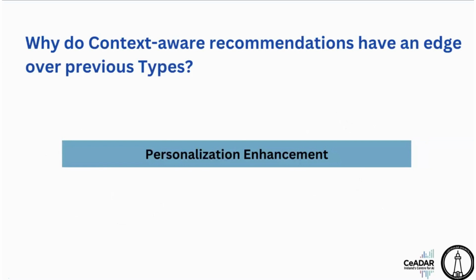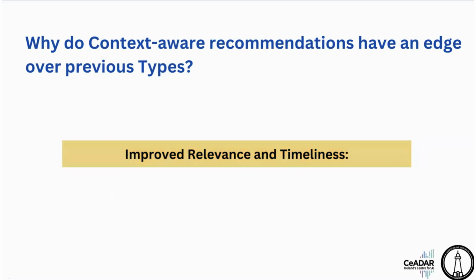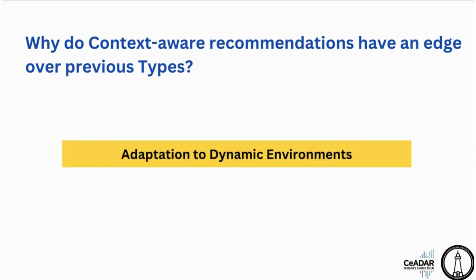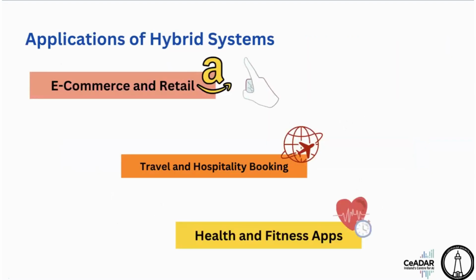Basically, it enhances personalization and improves the relevance and timeliness of recommendations. It also mitigates the cold start problem, suits diverse recommendation applications and dynamic environments, and can be customized for specific goals.